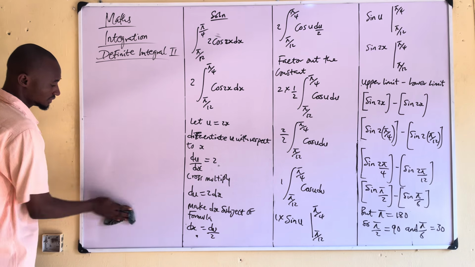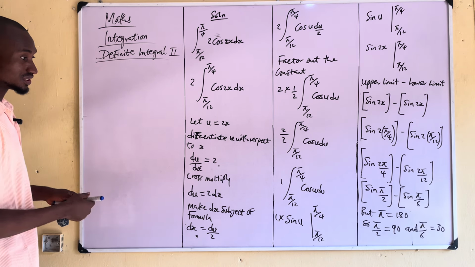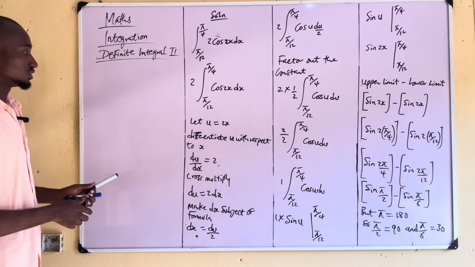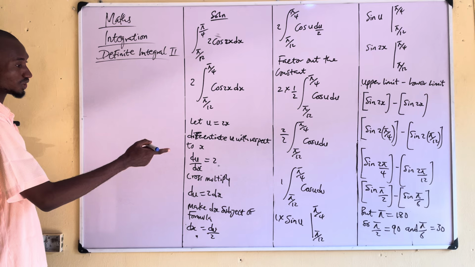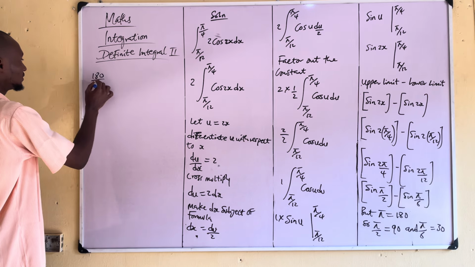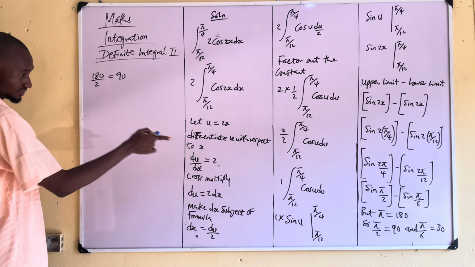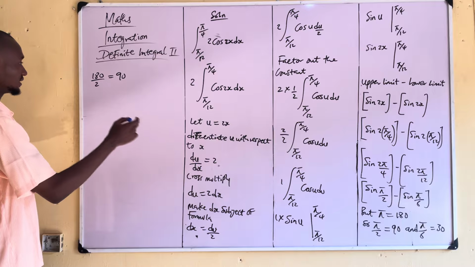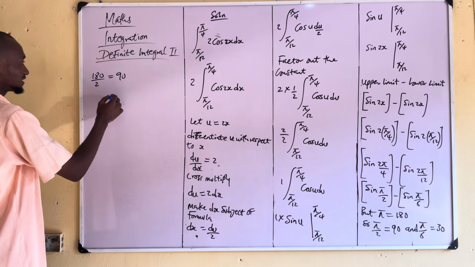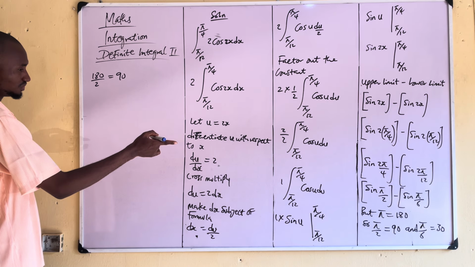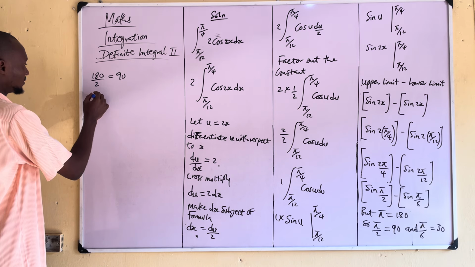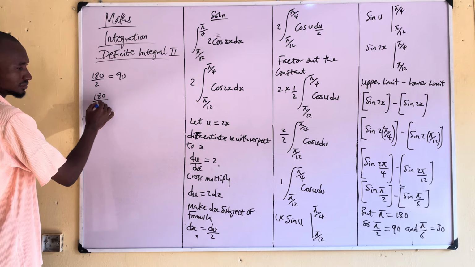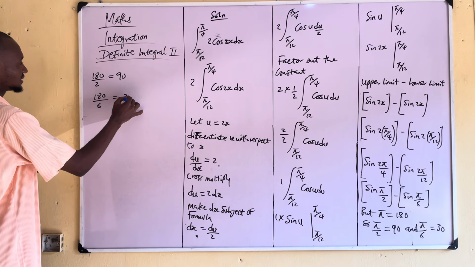Now listen. Remember I told you something here. So that means I have to bring those things I did there. Remember I told you that pi is equal to 180. That is 180 divided by 2. That is how I got that 90 there. And the other one I said 180 divided by 6, 30.